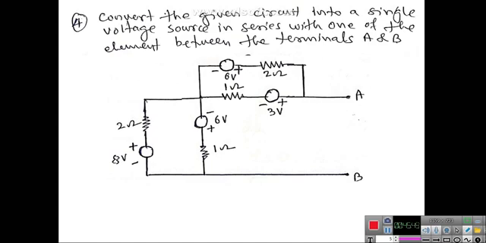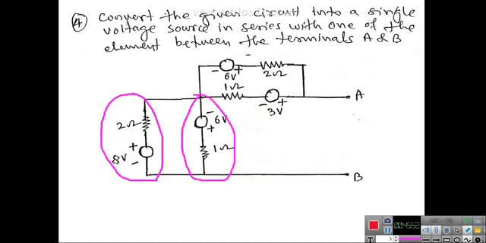All these four branches, that means a voltage source in series with a resistance, can be converted into a current source in parallel with the resistance. I'll just tell you how to convert for one, and the remaining you can do yourself.